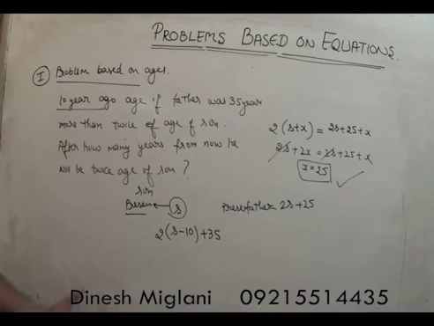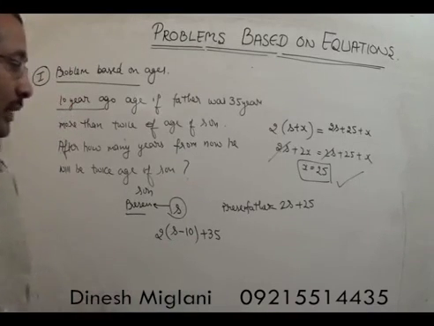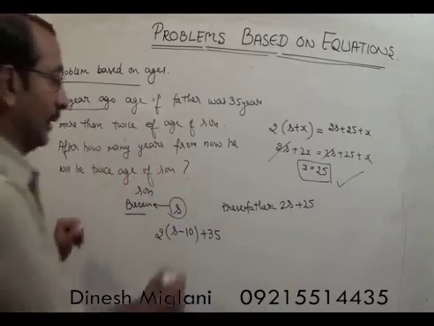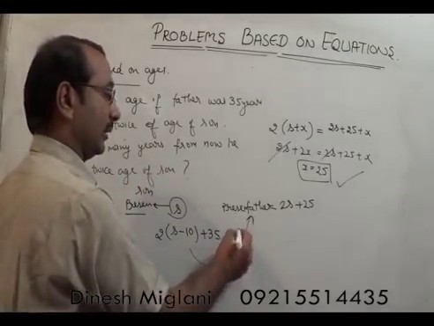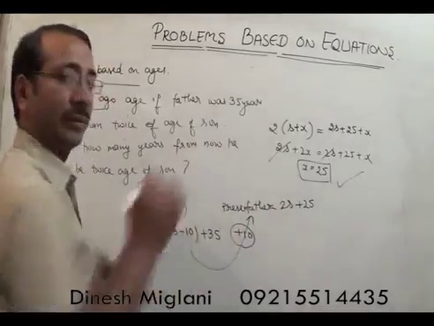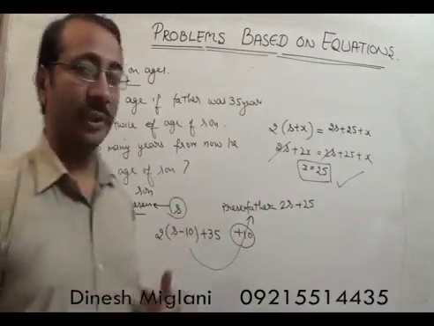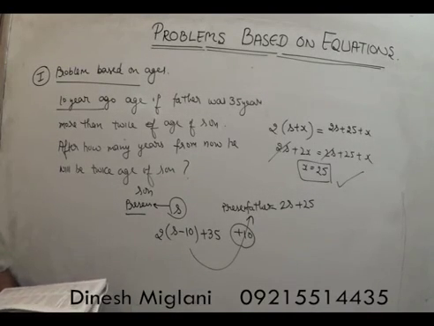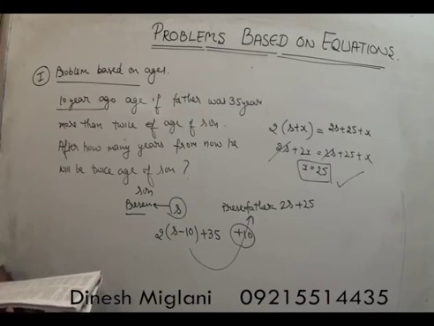Now after this, twice of S minus 10 plus 35. 10 years after, I have to add plus 10 in this, that becomes the present age of the father. Then the question is, after how many years from now, the age of the father would be twice of the age of the son. So I can say after X years, age of the father would be twice of the age of the son. So by this structure, we are in a position to get my answer.